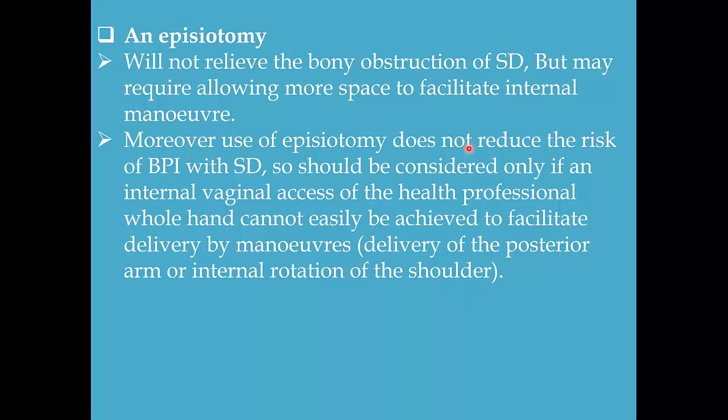Moreover, use of episiotomy does not reduce the risk of brachial plexus injury with shoulder dystocia, so it should be considered only if internal vaginal access for the health professional's whole hand cannot easily be achieved to facilitate delivery by maneuver. It's not routine. You should consider episiotomy if you want to do internal maneuvers.